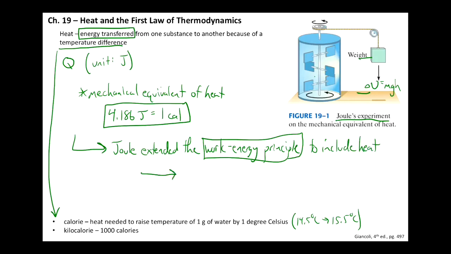And all of this work, we could say, led to the law of conservation of energy, because now we were including all the types of energy we could observe that were moving between substances and not just dealing with mechanical energy. Led to the law of conservation of energy, and we'll talk about that a little bit more later in chapter 19. Okay? So we've got the concept of heat.